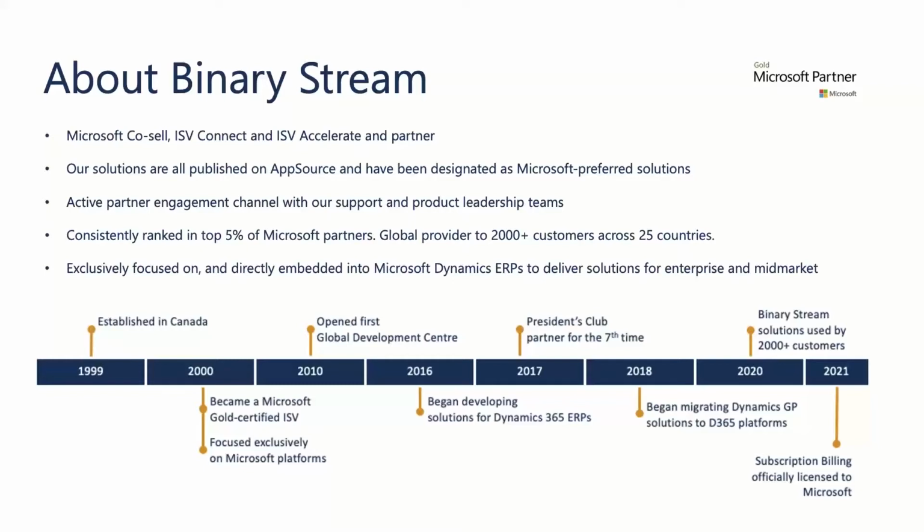What that means is that Microsoft trusts us. That's really important to us, and it means a lot. Then, if we take a look at the timeline along the bottom, we've been a member of the President's Club multiple times over the years. So we have history, we have longevity, and we're global. We're all over the world, and we work in many, many different industries around the world.